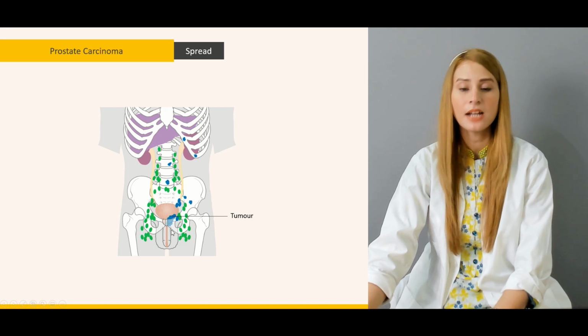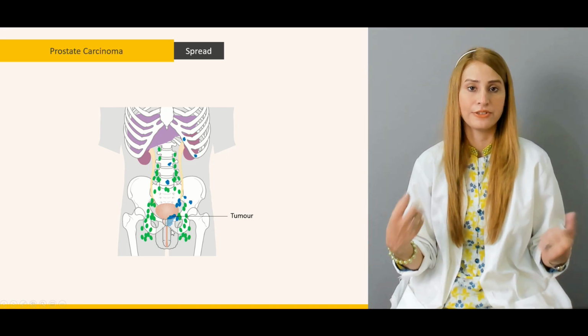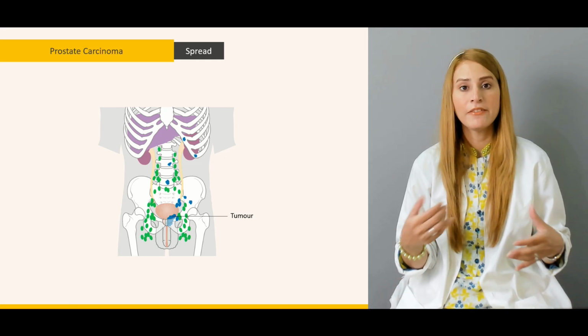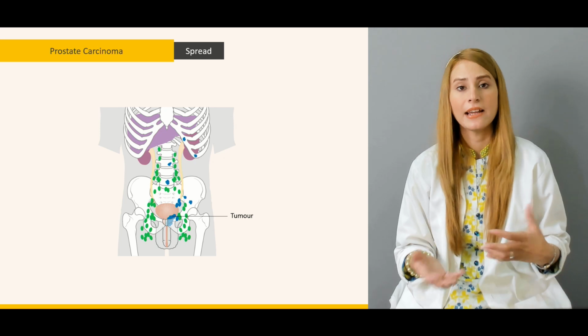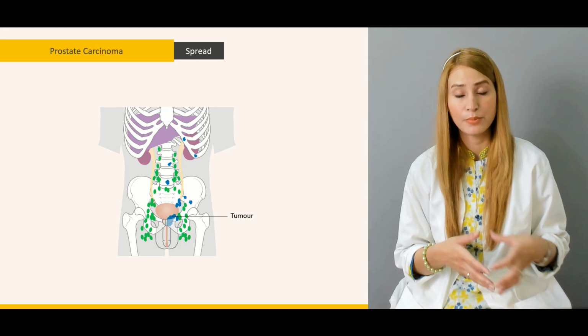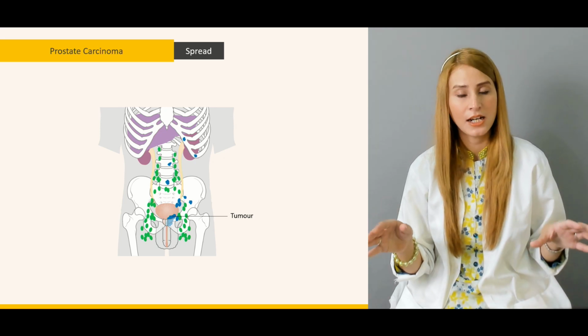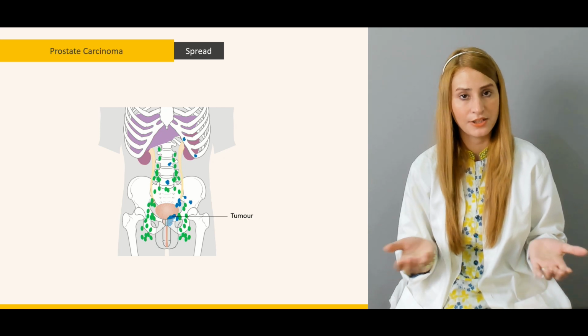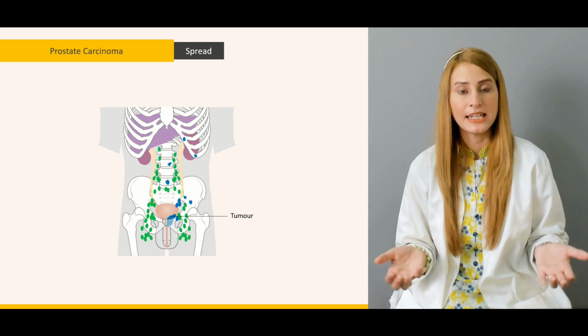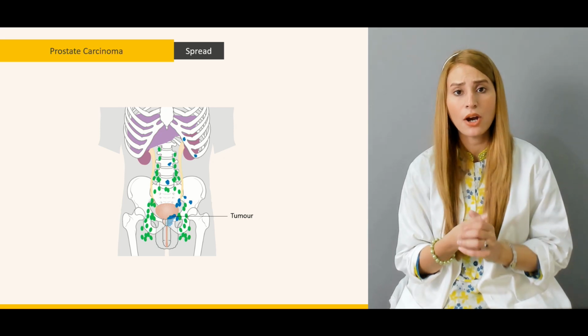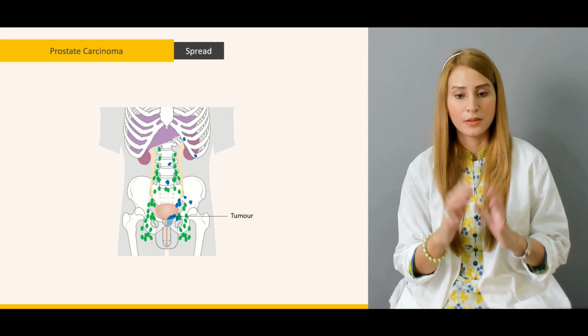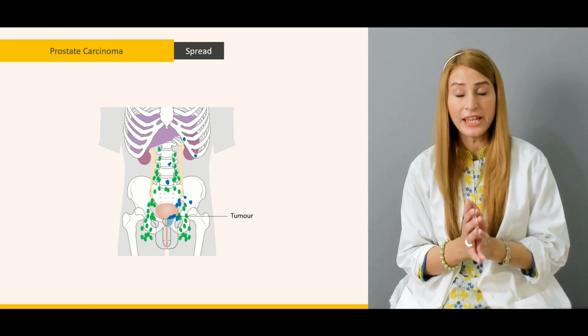If we talk about the local invasion or local spread of the tumor, we know that it is related to the seminal vesicles, and also to the neck of the bladder. Most of the time, the tumor is invading the seminal vesicle, and obviously the trigone in the neck of the bladder.